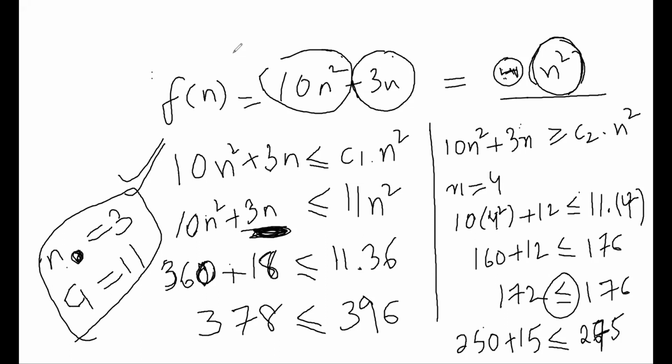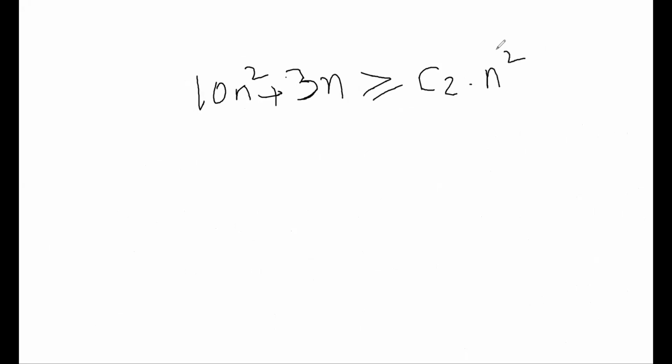The other part of the equation is that your 10n square plus 3n, we have to prove it is greater than or equal to C2n square. So let me just clear this. So 10n square plus 3n, to prove it is theta, that means the left hand side should always be greater than the right hand side.